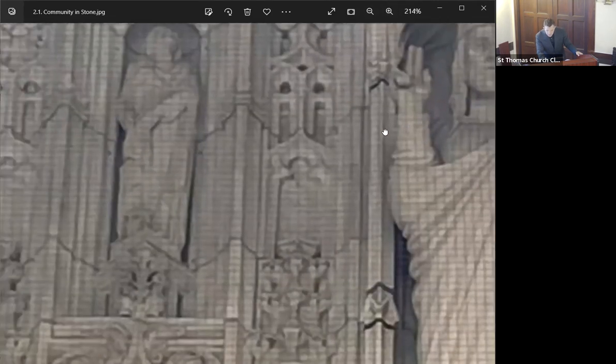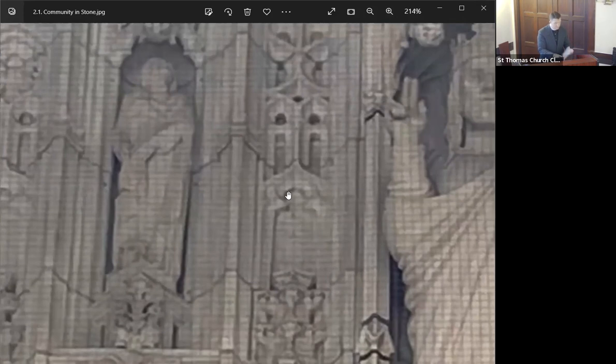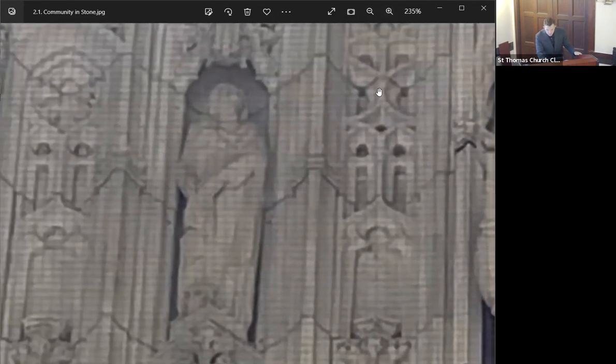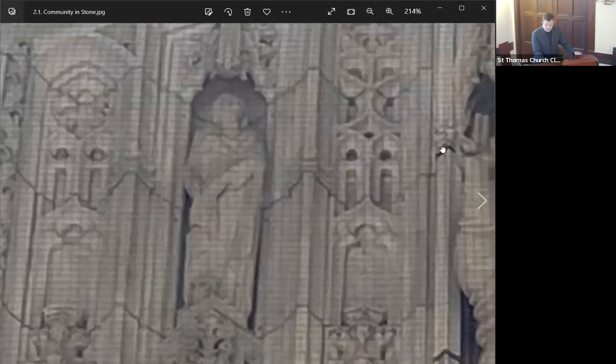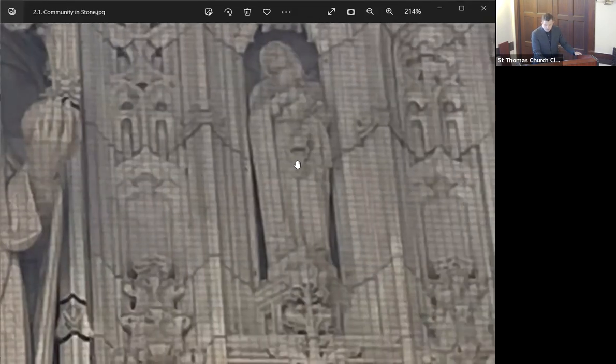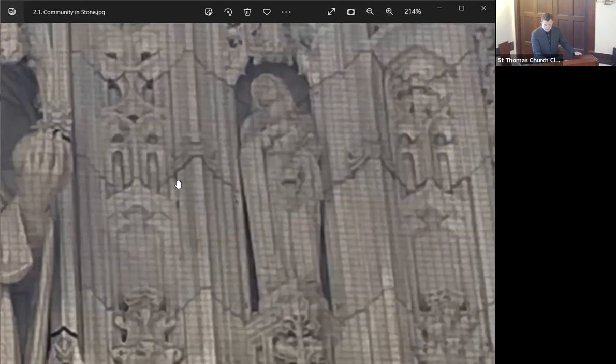It's hard to see through this gauze, but we're going to have to try. At the left is the Virgin Mary, and it's hard to tell in this picture. I apologize, but evidently her heart is pierced, and she's looking up in a kind of anguish. And then on his right side is Saint John the Baptist.